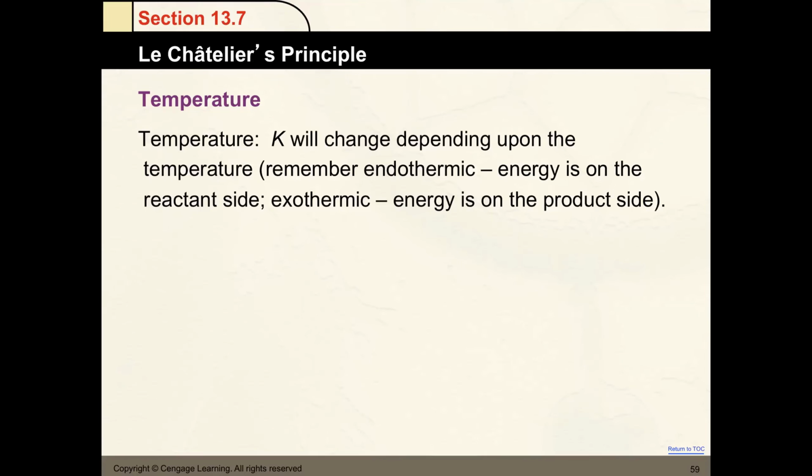Or maybe simply in the reaction, they'd give you a positive delta H or a negative delta H, just a number by the reaction, and a positive, remember, is endothermic, and a negative is exothermic. And so you can kind of imagine that positive energy goes on the reactant side and the negative energy would go on the product side.